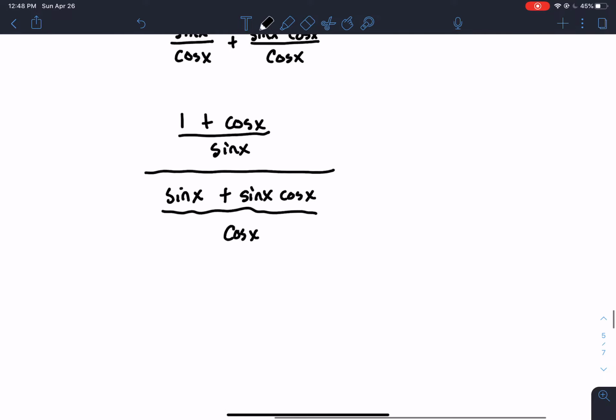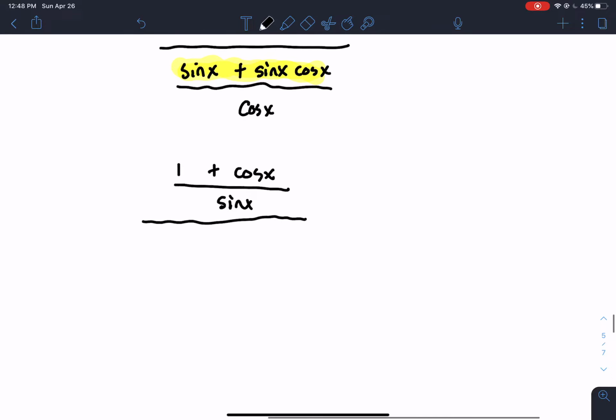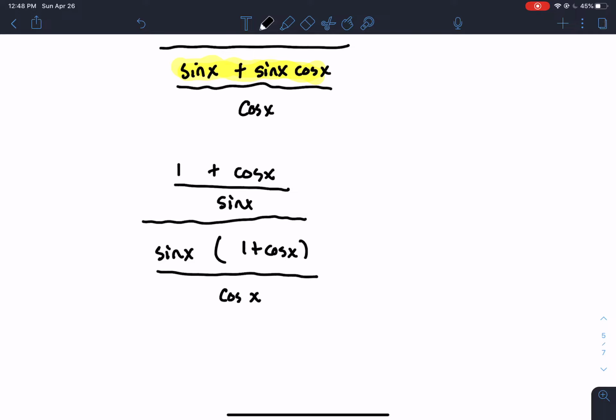Now another way that you could write this part here, what do they have in common? They have a sine of x in common. So I'm going to factor out that common sine term. So that's sine of x times 1 plus cosine x over cosine x, okay?